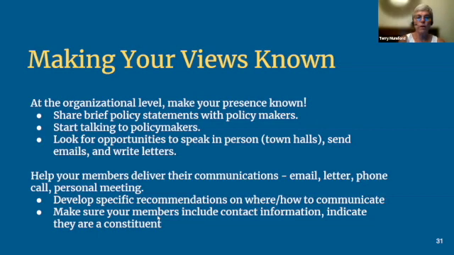We would also encourage you to look for opportunities that go beyond the email, the postcard, the letter, the phone call. Perhaps appear in person.